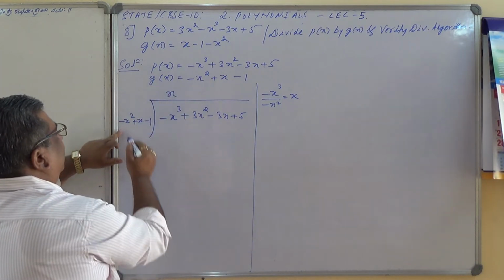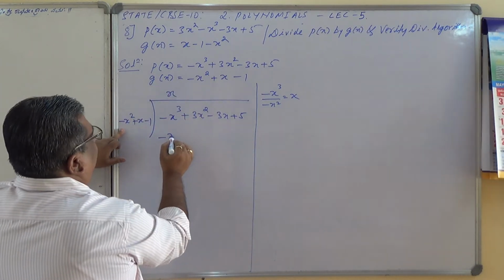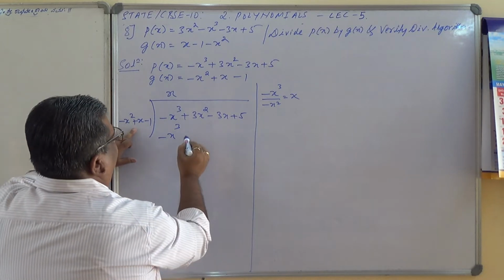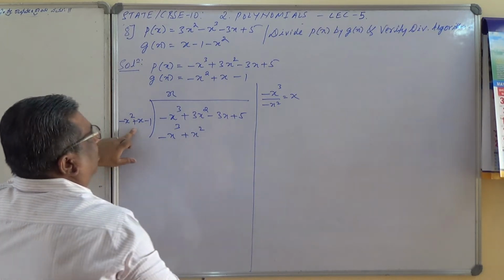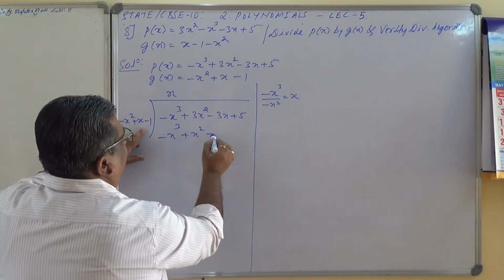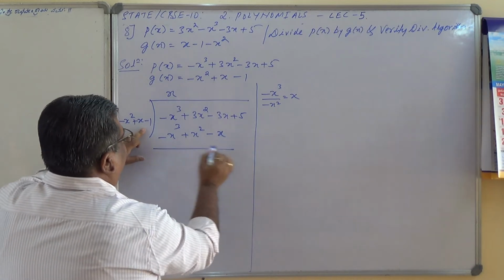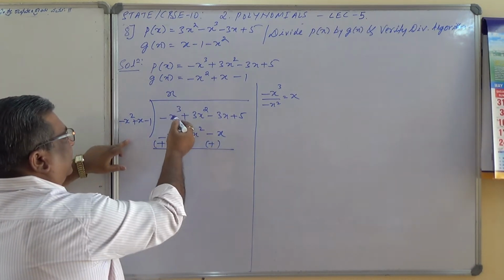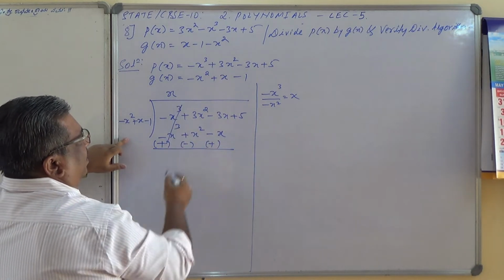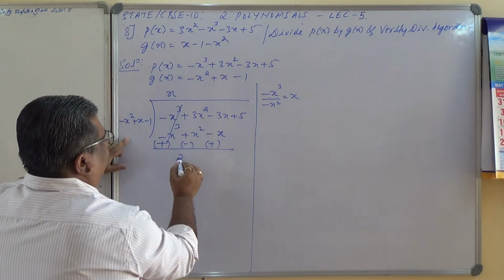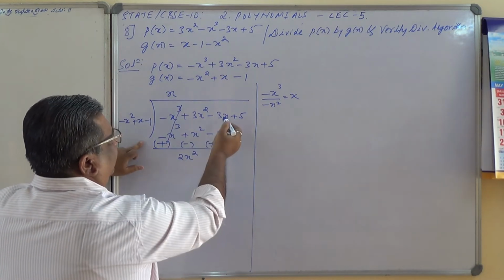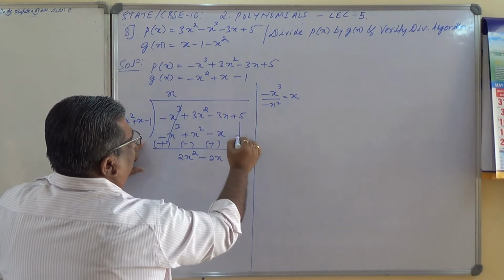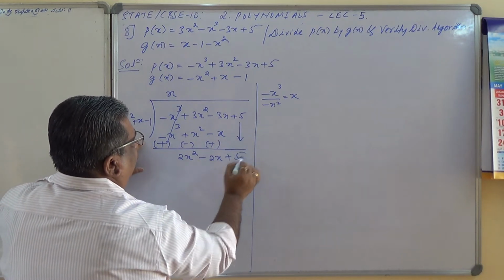So x here, x into x square minus x cube plus x square minus x, change the sign, minus x cube plus x cube cancels, 3x square minus x square is 2x square, minus 3x plus x is minus 2x, pull down 5.